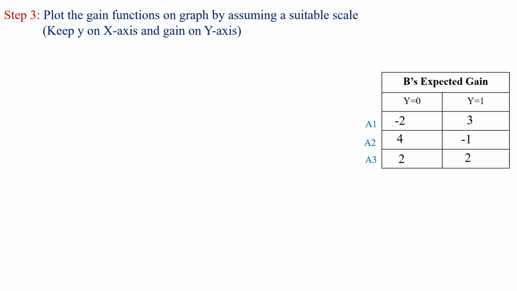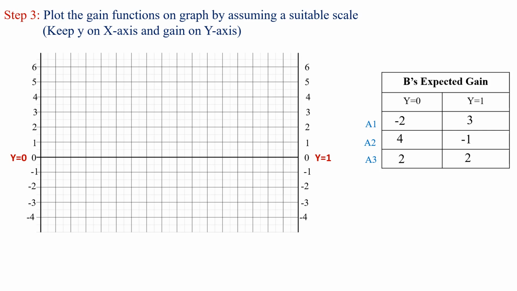Third step is to plot the gain functions on a graph by assuming a suitable scale. Keep y values on the x-axis and gain values on the y-axis. So on the x-axis keep the y values, that is y equal to 0 and y equal to 1, and on the y-axis keep the gain values of A's strategies.